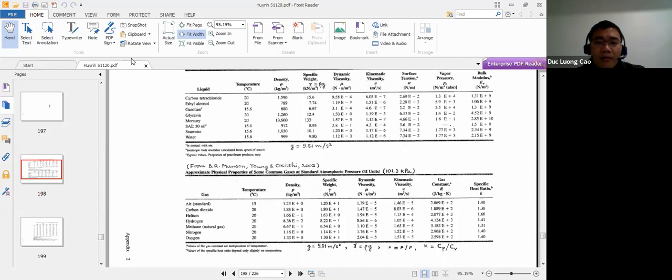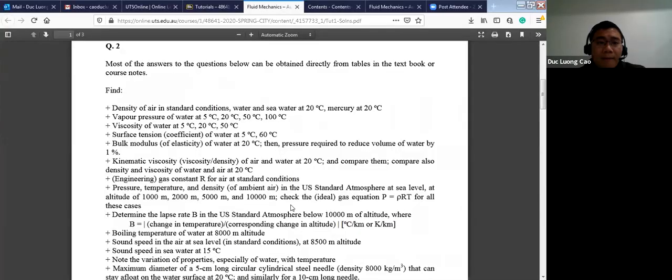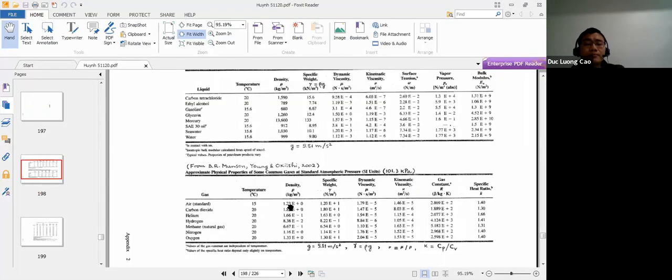So air in standard condition is 1.23 kilograms per meter cubed. The first question, density of air in standard condition, and water and seawater at 20 Celsius. Water at 20 Celsius, tables 1 and 2.